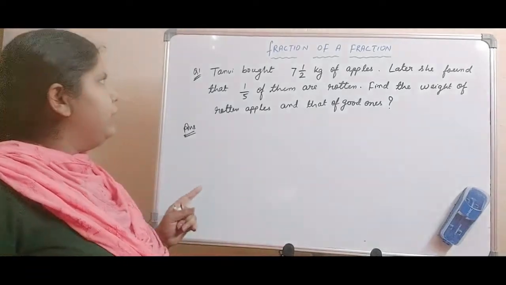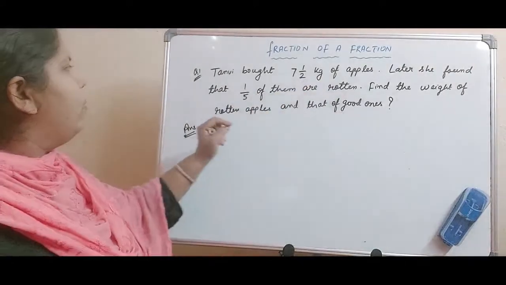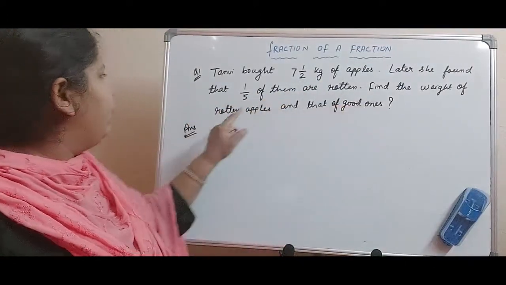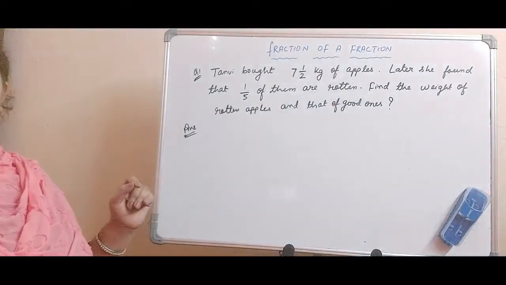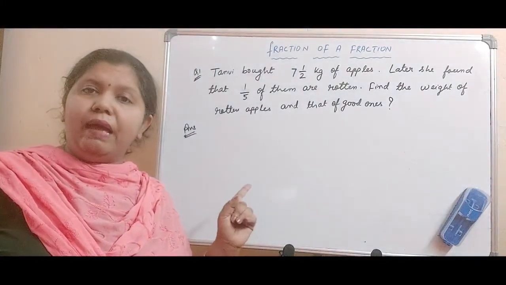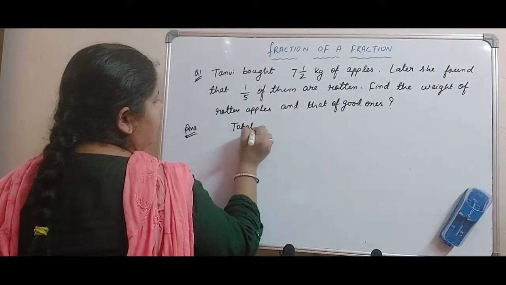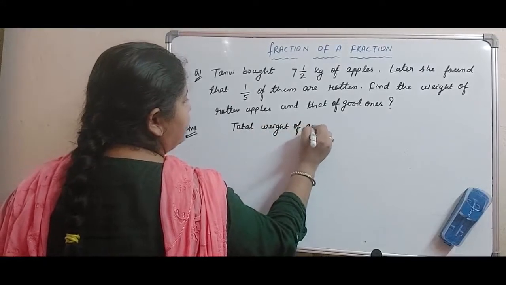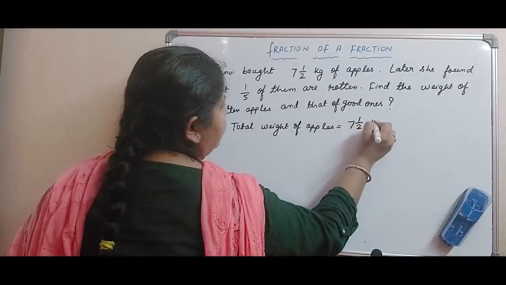Look at this question here. Tanvi bought 7.5 kg of apples. Later she found that 1 by 5 of them are rotten. Find the weight of rotten apples and that of good ones. So first of all, the first sentence that you will write is, total weight of apples equal to 7.5 kg.